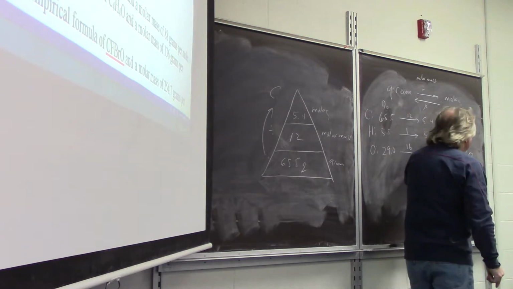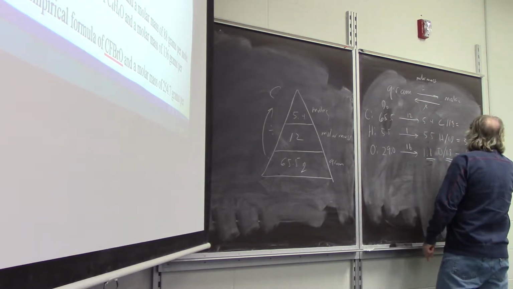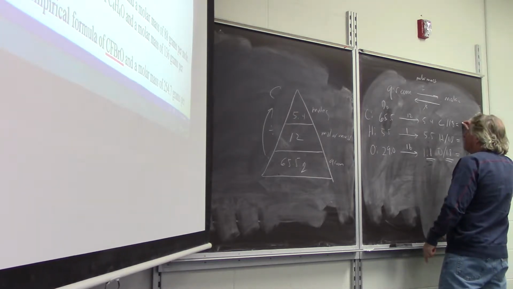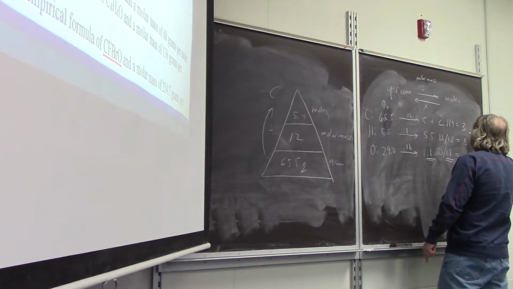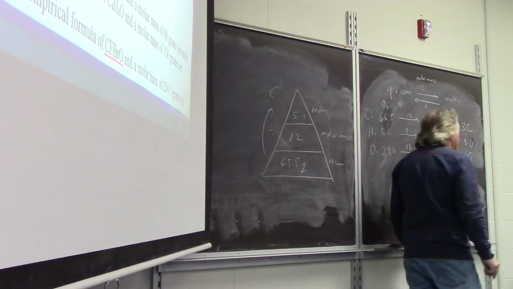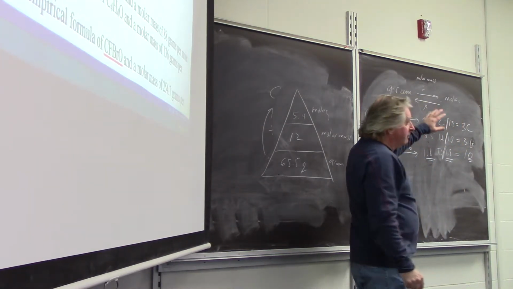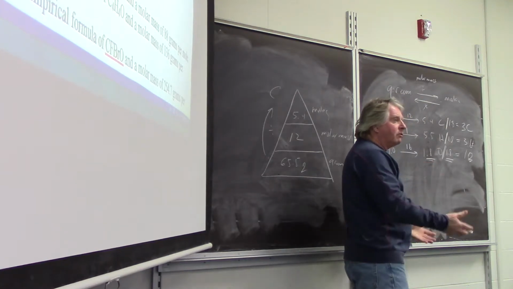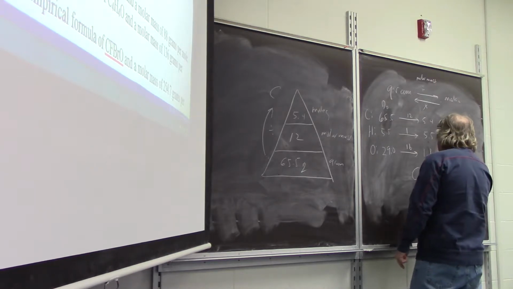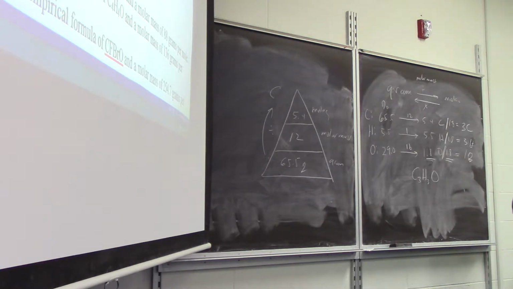And when you do that, it gives you almost exactly 3 moles of oxygen, and then also 3 moles of carbon. So you go from grams, figure out how many moles, and then get whole numbers. So the empirical formula is that right there.